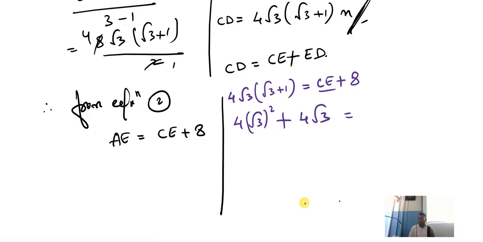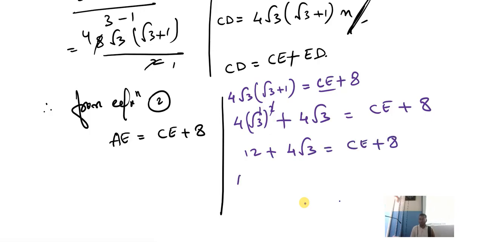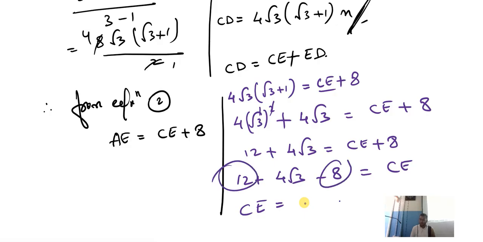So 4 root 3 is equal to CE plus 8. Square root cancels, 4 times 3 is 12, plus 4 root 3 is equal to CE plus 8. The 8 comes to this side as minus 8, so CE is equal to 12 minus 8, plus 4 root 3: 4 plus 4 root 3.